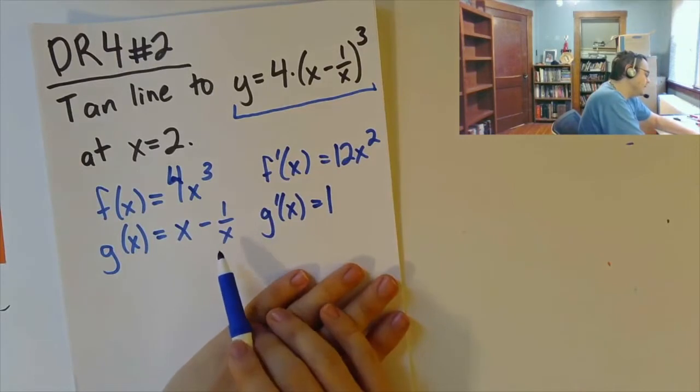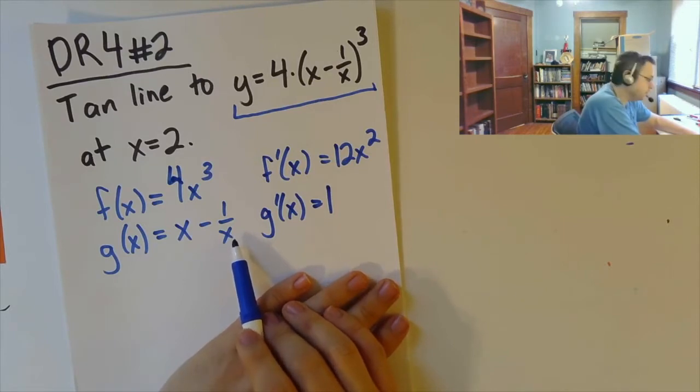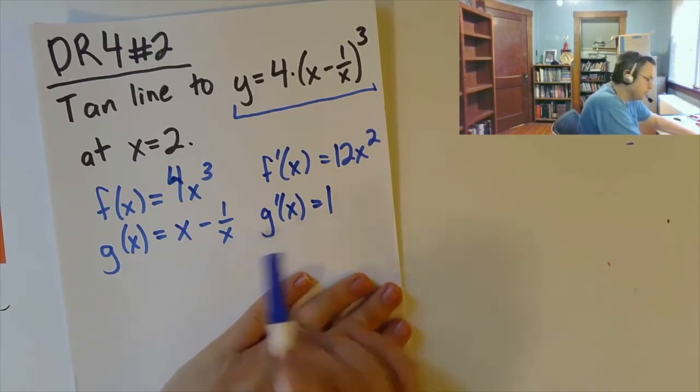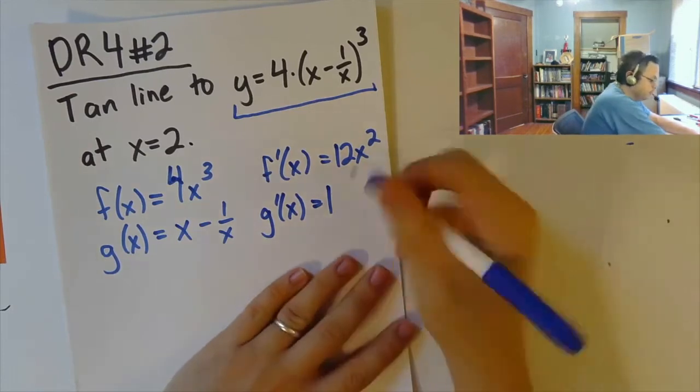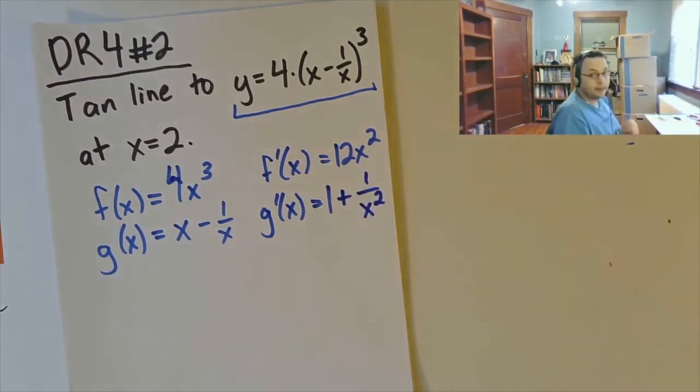And then the derivative of 1 over x, remember that's the same thing as the derivative of x to the minus 1. So that's minus 1 over x squared. So this is a minus of minus 1 over x squared, so it ends up being plus 1 over x squared there in g prime.